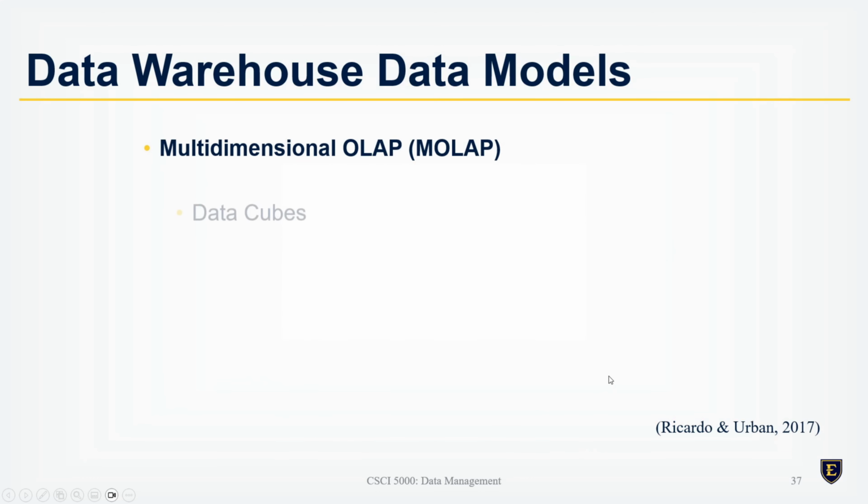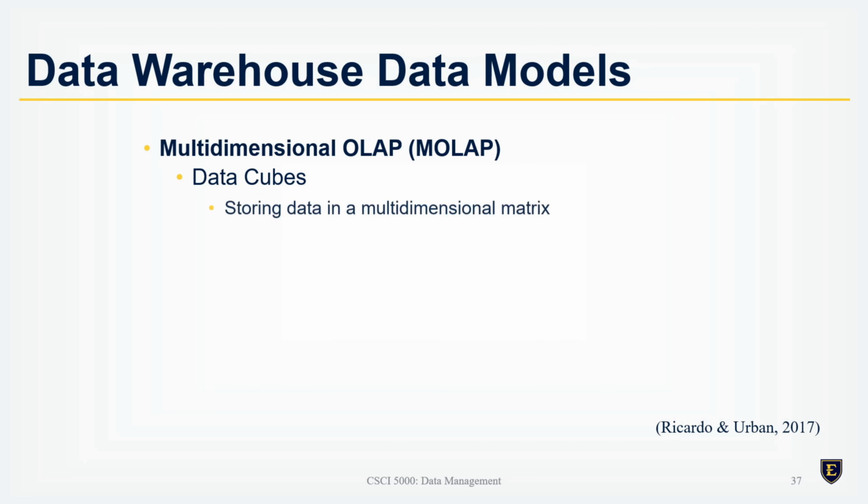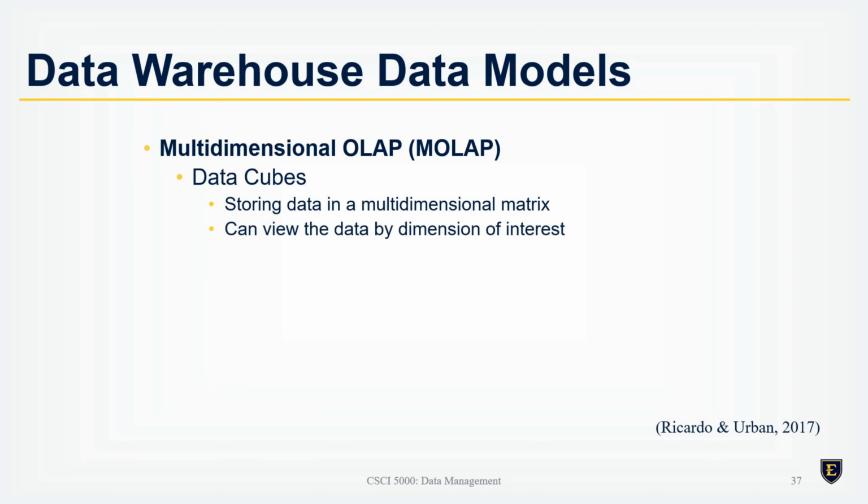When we look at multi-dimensional OLAP, we have what is known as a data cube. And a data cube is simply a multi-dimensional matrix that allows us to represent the data that we're looking at. So you can view that data by the dimension of interest in the cube. So here's an example of this.